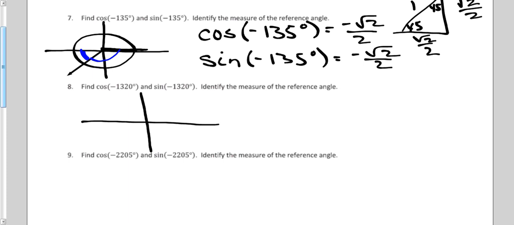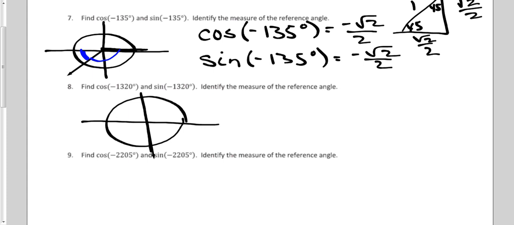So let's do that. First, I'm going to do my unit circle. Okay, I'm going negative degrees, right? So I go around once, I'm at 360. Around twice, I'm at 720. I go around a third time, I'm at 1080. I go another 90. What's 90 plus 1080?